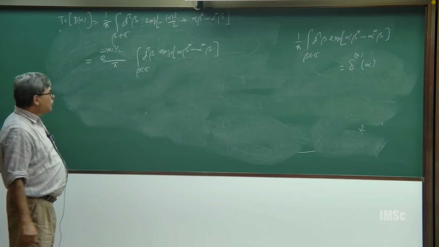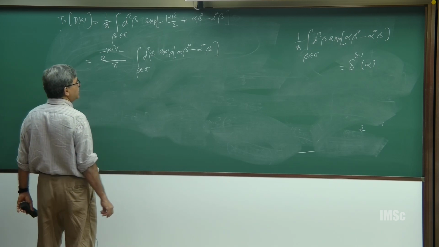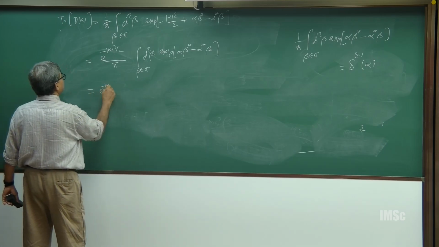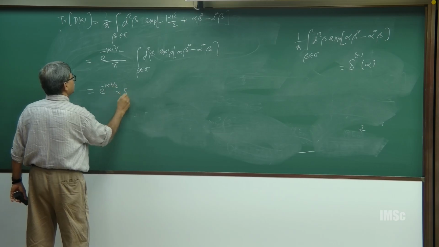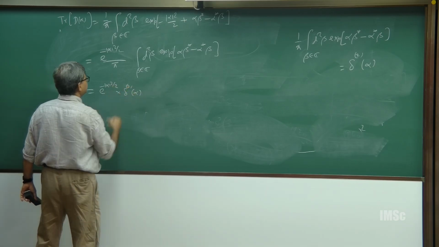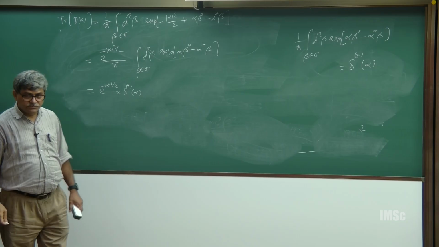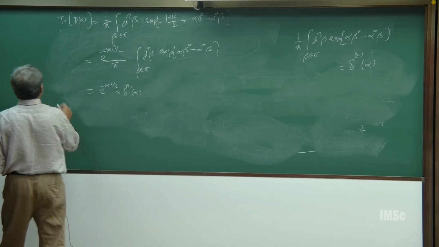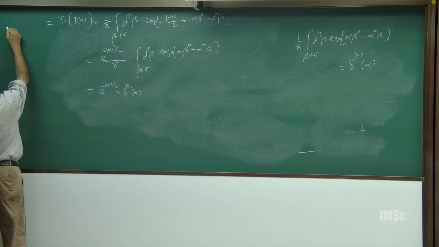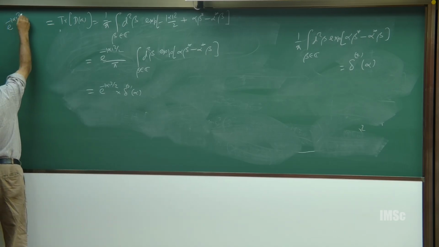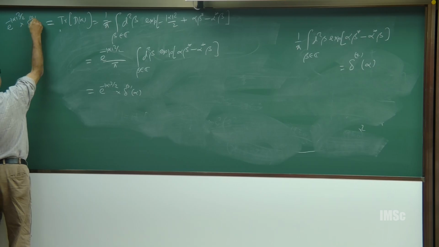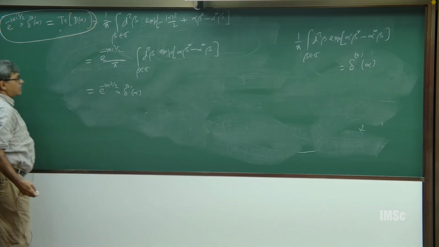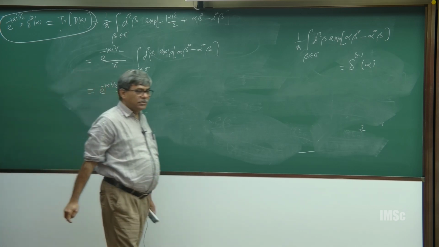So, what you see here is that this is e to the power minus mod alpha square by 2 times the 2-dimensional delta function. So, let me write it here: e to the power minus mod alpha square by 2 times delta 2 of alpha. This is my trace of D alpha.